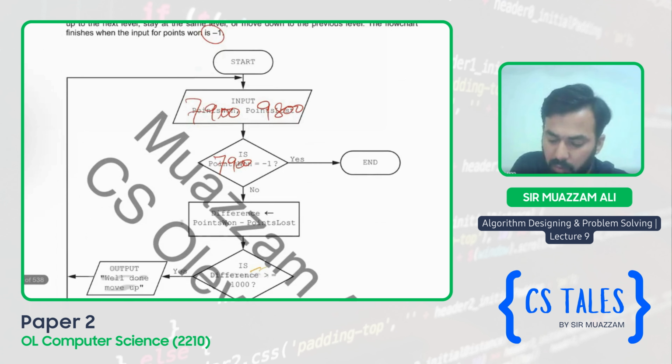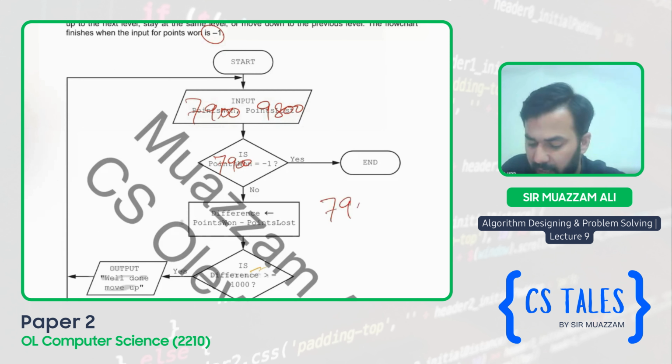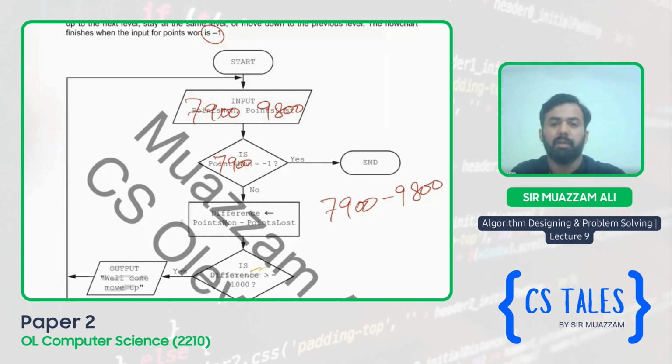No. So we write down the difference, 7,900 minus 9,800. It will be minus 1,900.